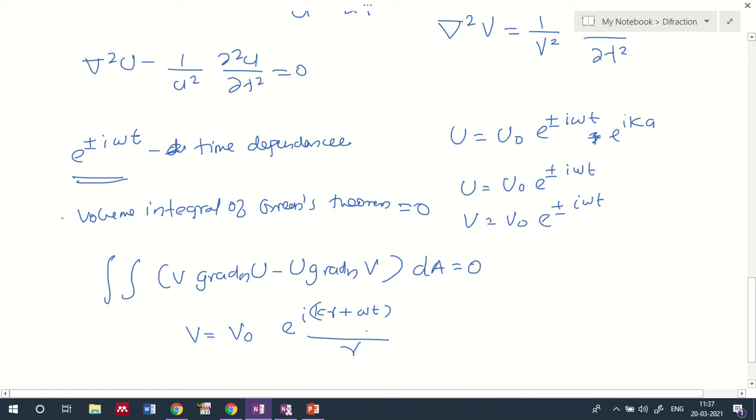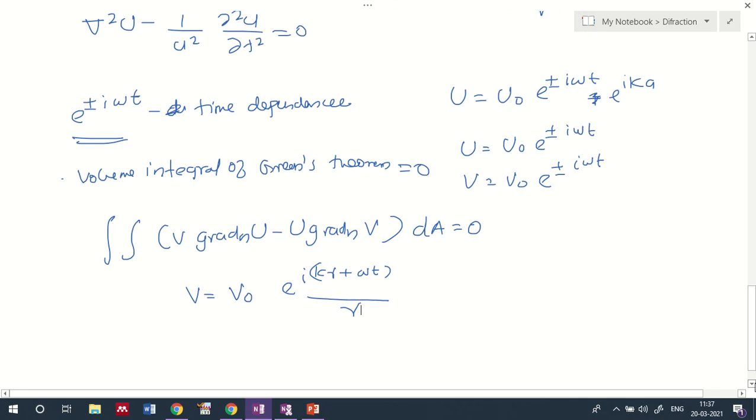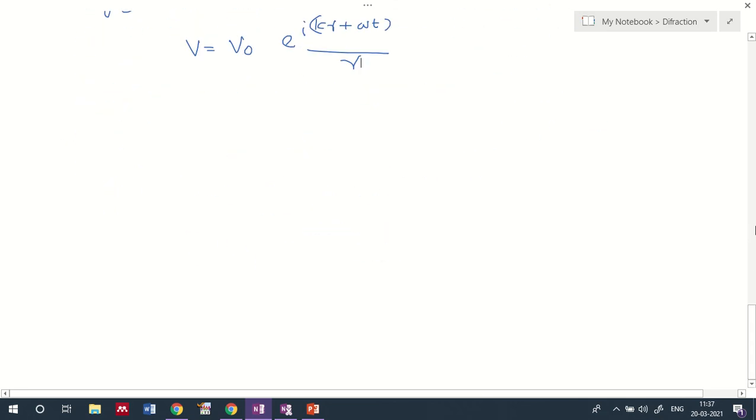So this is the wave function v represented in terms of v equal to v0 e raised to i k r plus omega t. So now we'll just discuss this. For that I have just taken an area over here, a small area within the region.